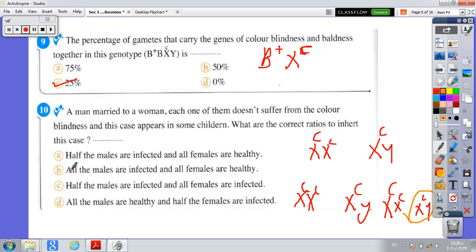So we must choose number A: half of the males infected and all females are healthy.